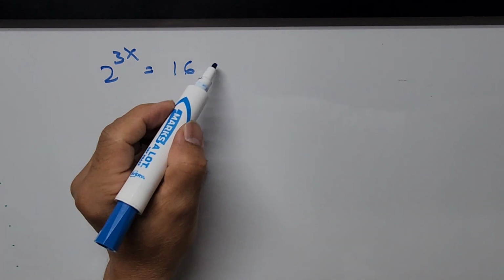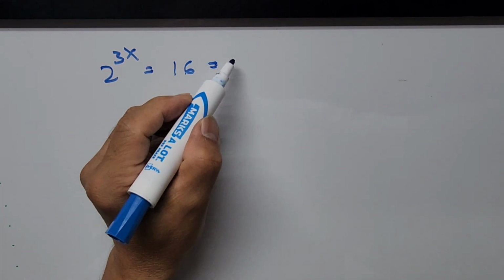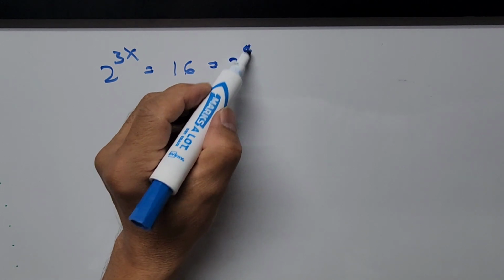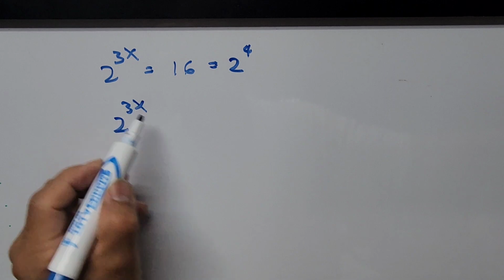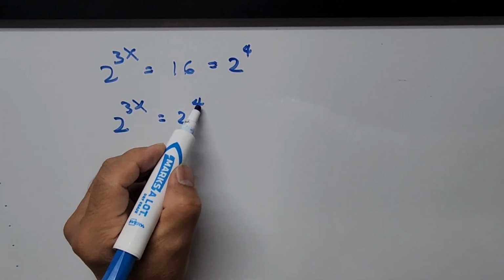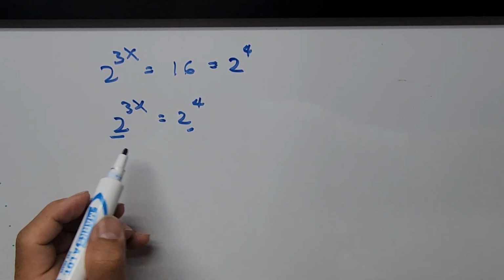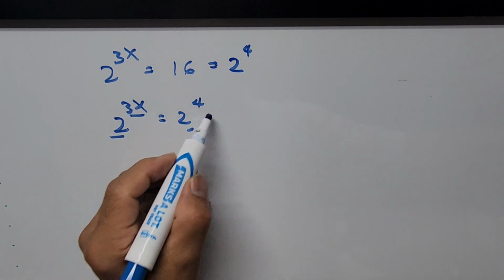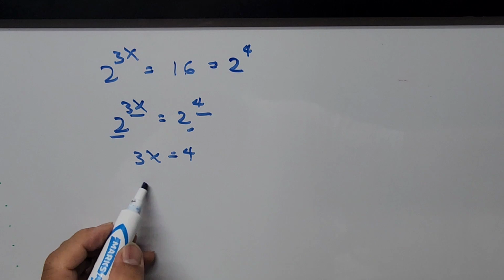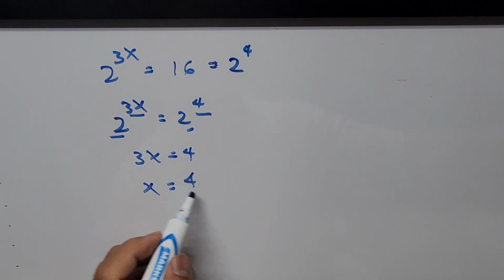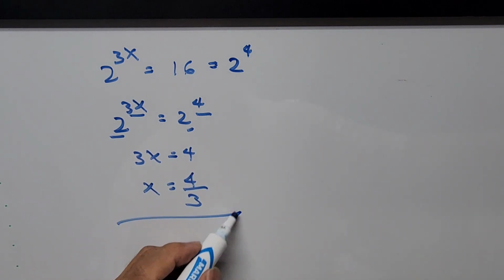And 16 can be expressed in base 2, that is 2 to the power of 4. So our equation now becomes 2 to the power of 3x equals 2 to the power of 4. We have the same base, which means we can equate their exponents. So 3x is equal to 4. Solving for x, x is equal to 4/3. That is our final answer.